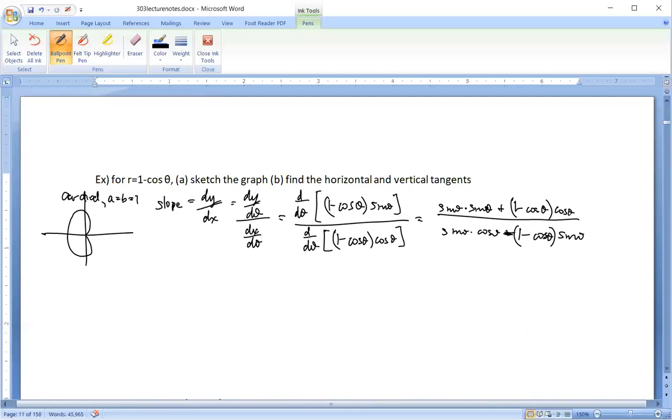By the product rule, it gives you this. And now we just have to do a bit of algebra there. So horizontal tangent.